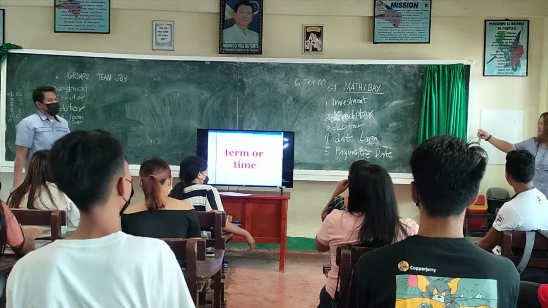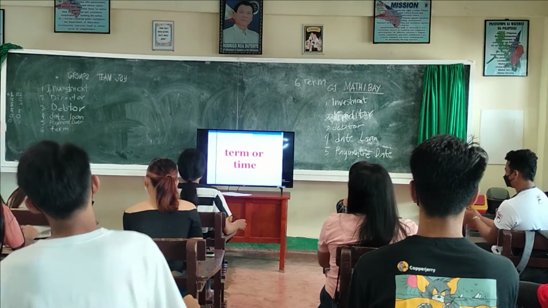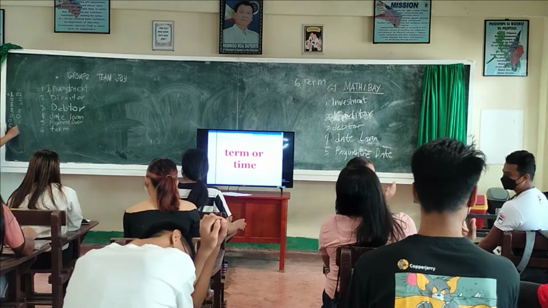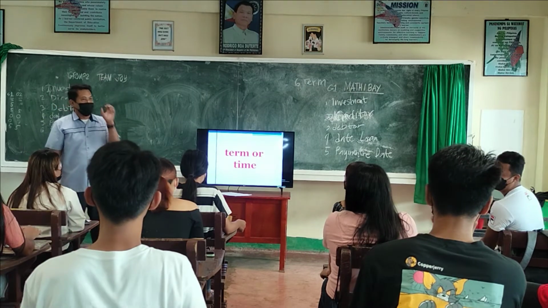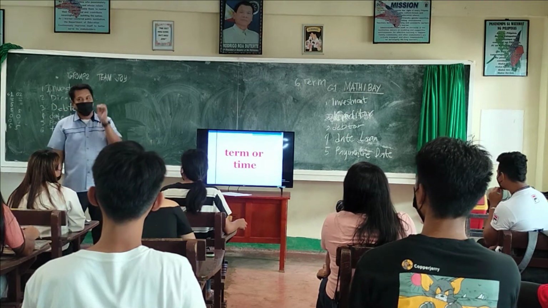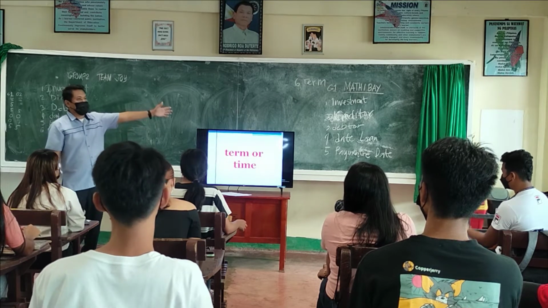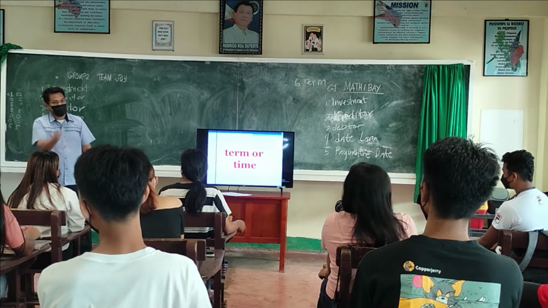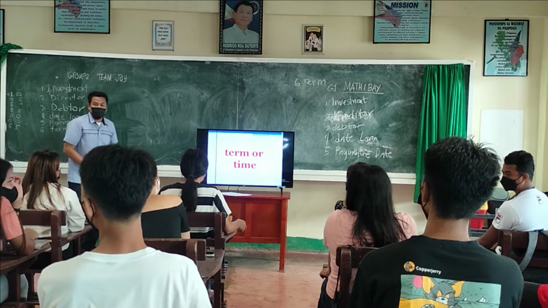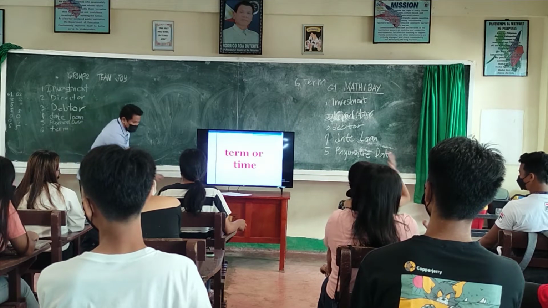Very good. Team Matibay and Team Joy got the correct answer. After reading the question, I will say go. Those who are through giving the answer, pass it to your group mates.